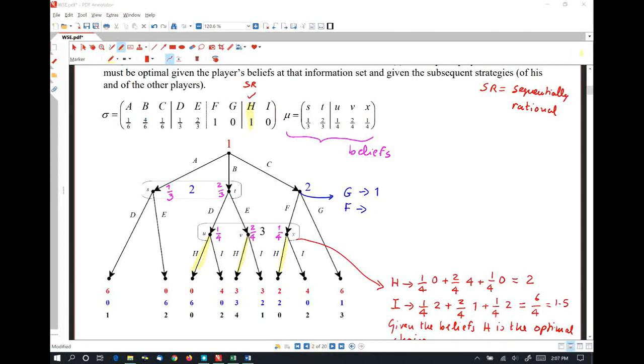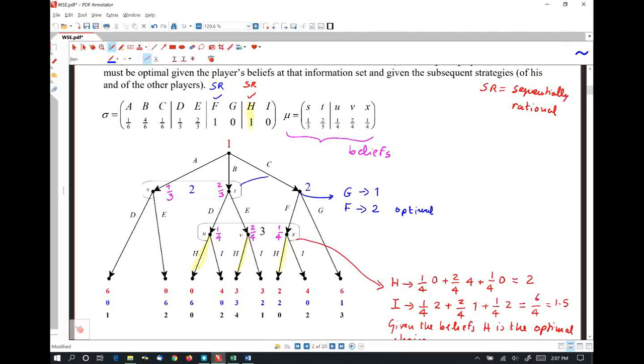So if you play F, it will be followed by H, and you get 2 if you are player 2. So F is optimal. This is the optimal choice, and that's exactly what the strategy profile sigma says that player 2 is doing. So F is also sequentially rational.